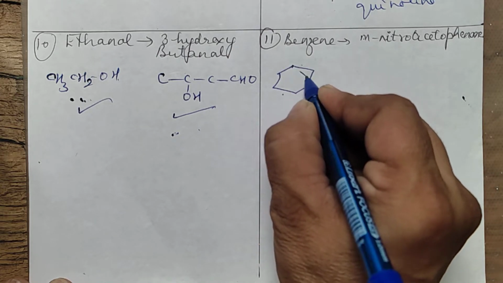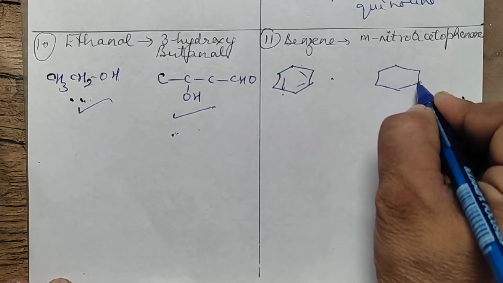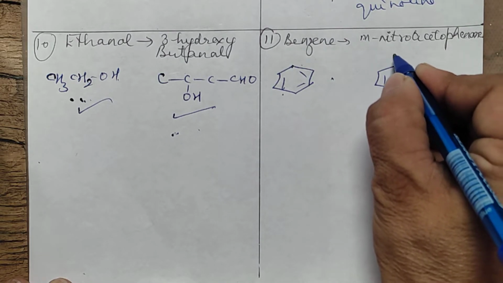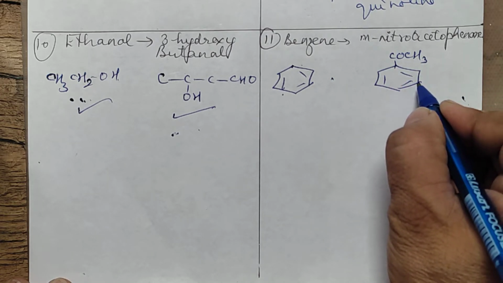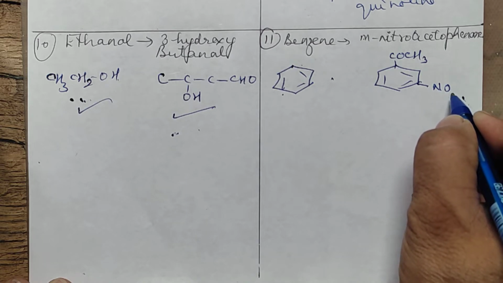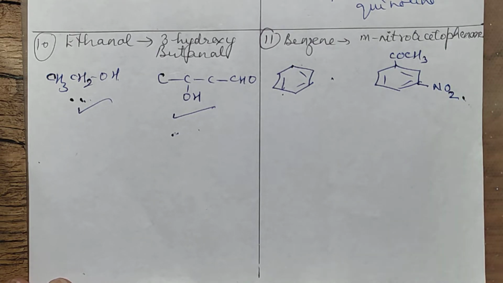This is benzene. What are you converting this benzene into? Meta-nitro-acetophenone. So let's first write acetophenone. Acetophenone conversion we already had, but that was slightly different. Here there is a nitro group present. Now what are we supposed to do?